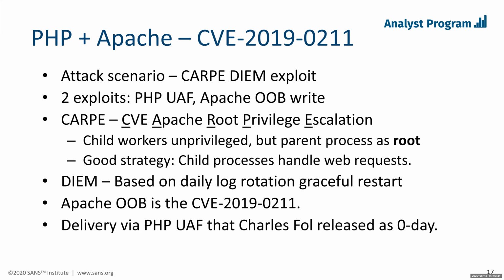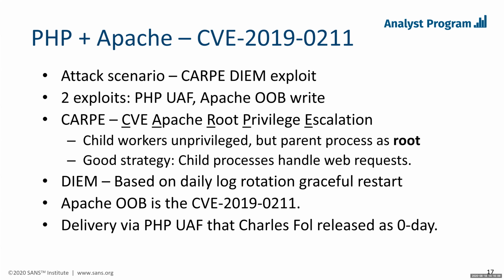When I talk next about the technical details, the titles of the slides say this, but at a certain point, I need to start to bounce between these two different flaws. So try to keep them straight, and I will try to keep them straight in my explanation. When this was released, the PHP use after free portion was actually 0 day.